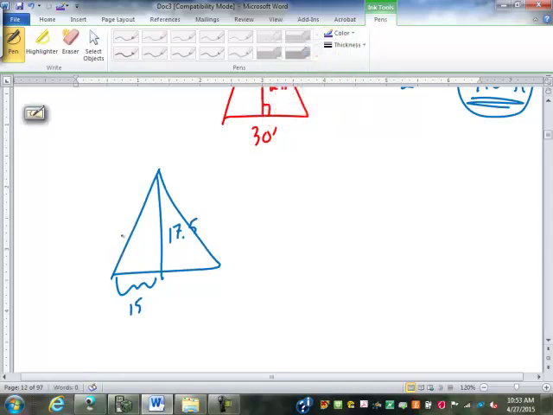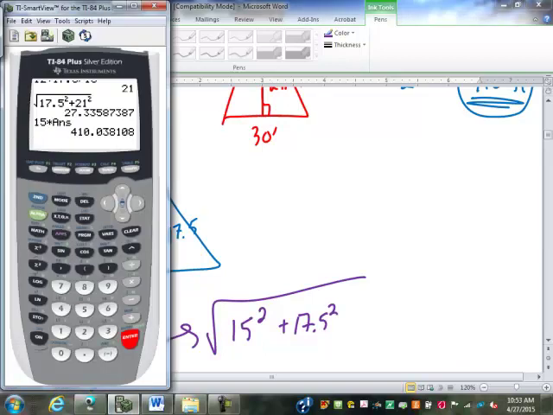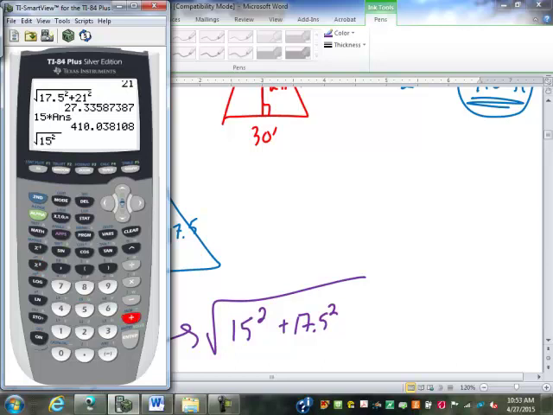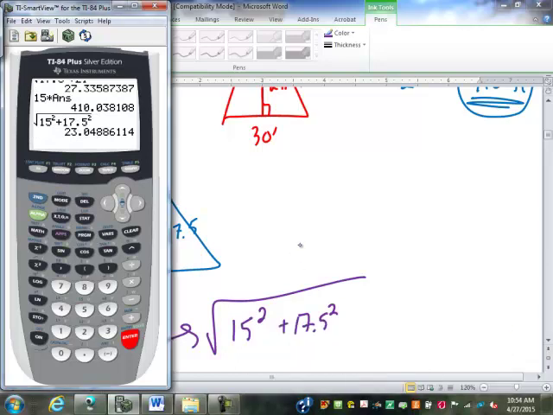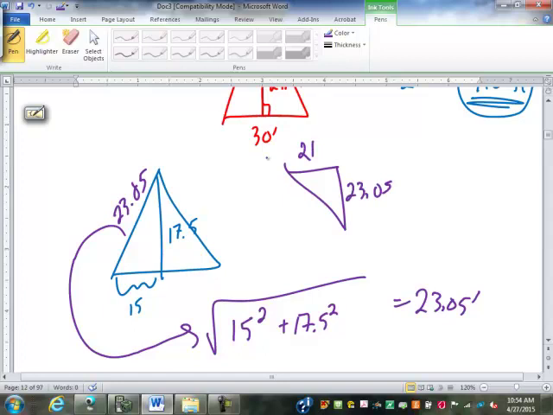So this here, square root of 15 squared plus 17.5 squared, comes out to be 23.05. So that's the slope. So the area of that triangle is 23.05 by 21, and of course divided by 2.